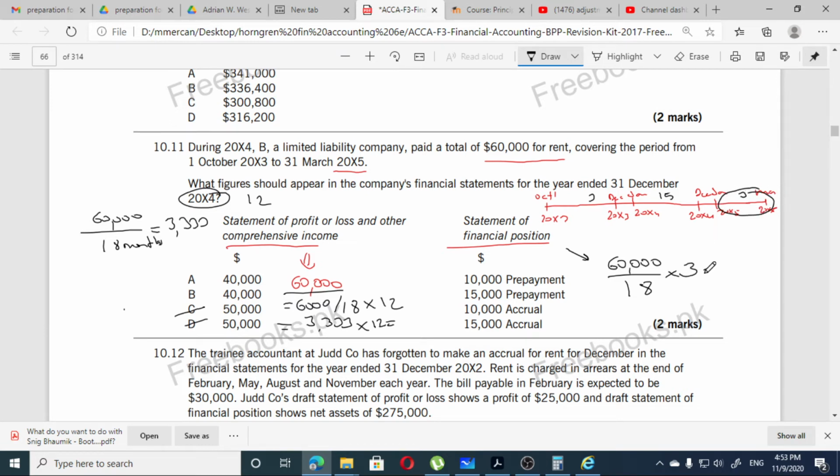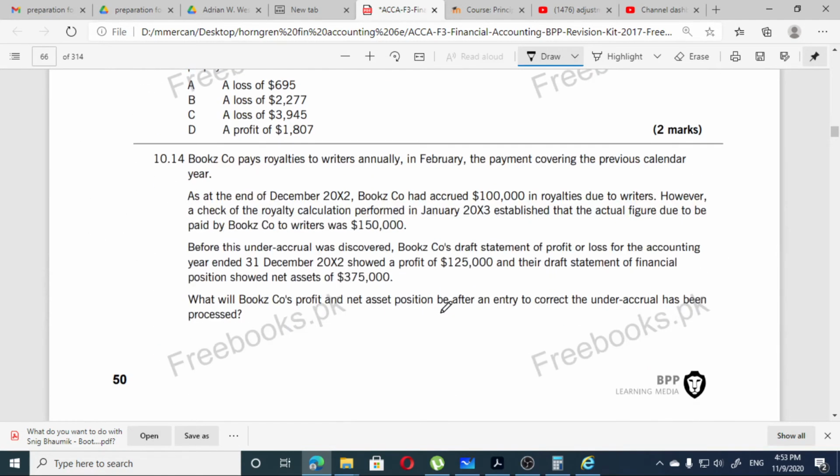If you multiply by that, you get $10,000 prepayment, an asset, like prepaid rent. So the answer is A. Let's do one more question and finish from ACCA.